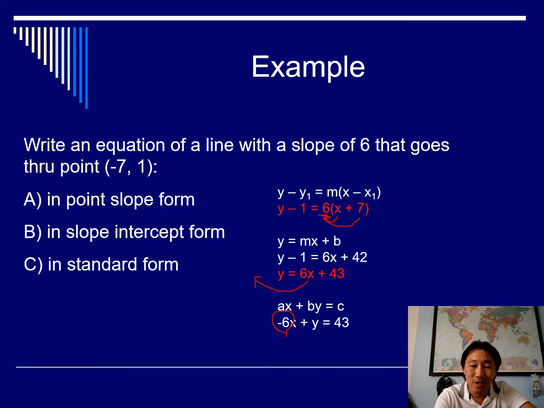To get rid of it, you're going to go ahead and multiply everything straight across by a -1. And so you're going to get a positive 6x, and now a minus y, and also a -43. So when you multiply -1 across the entire equation, you will get this as your final answer.